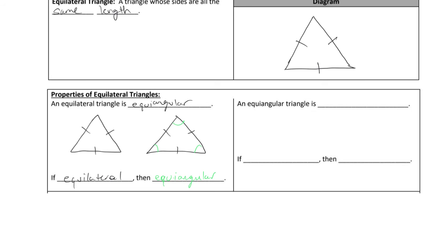Okay, so that's the property of equilateral triangles. And the converse to that would be an equally angular triangle is equilateral.